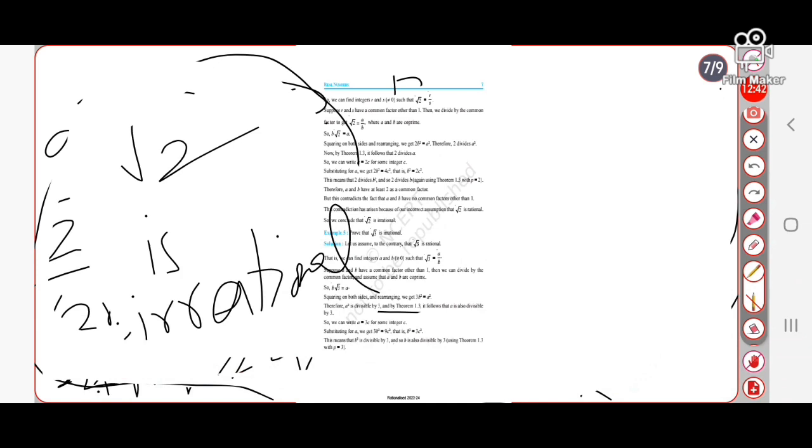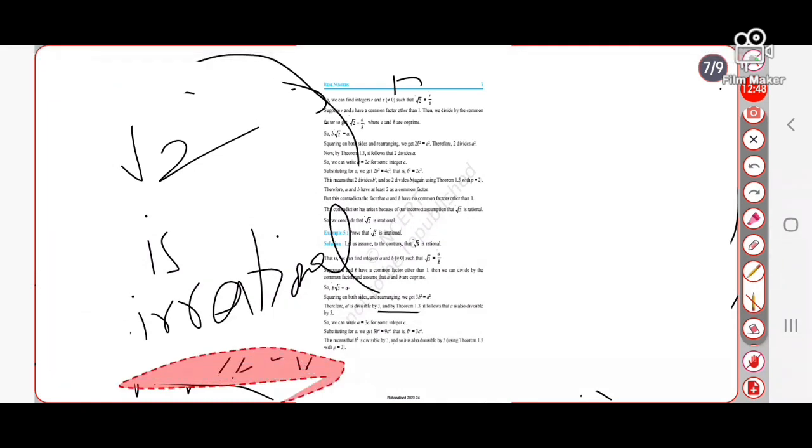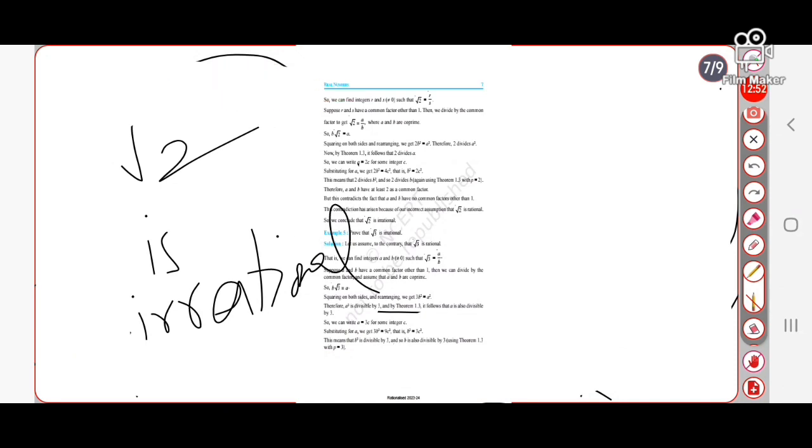Okay, so the same 5 steps are to be repeated for all the sums asked in this lesson, to prove that a given number is irrational.